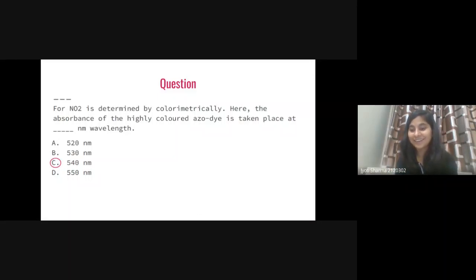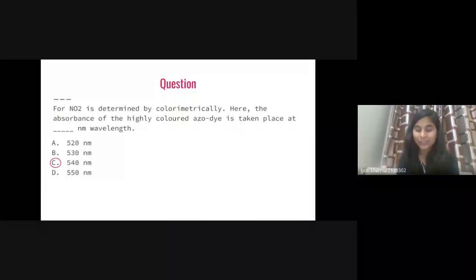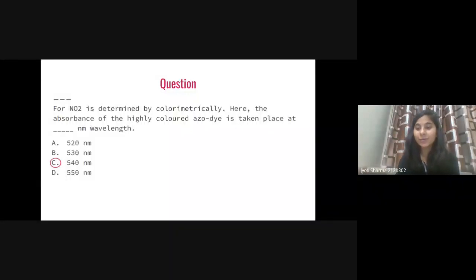Yes, Nishant gave me an answer, and that is right. This is the Beer-Lambert law. You should read about it if you are interested in how the spectrophotometer works. This is the law we exploit to calculate the concentration. Anyway, the answer is 540 nm.